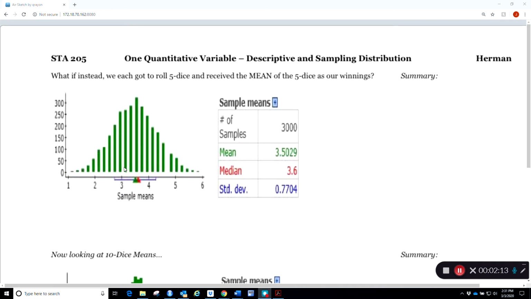So now looking at the data, what kind of shape would you say this has? Well, now it looks like it has one peak, so it's unimodal. It also looks pretty symmetric, not perfect, but pretty symmetric. Mean and median are pretty close to help me confirm that. And then we don't really have any outliers, nothing really stands out.